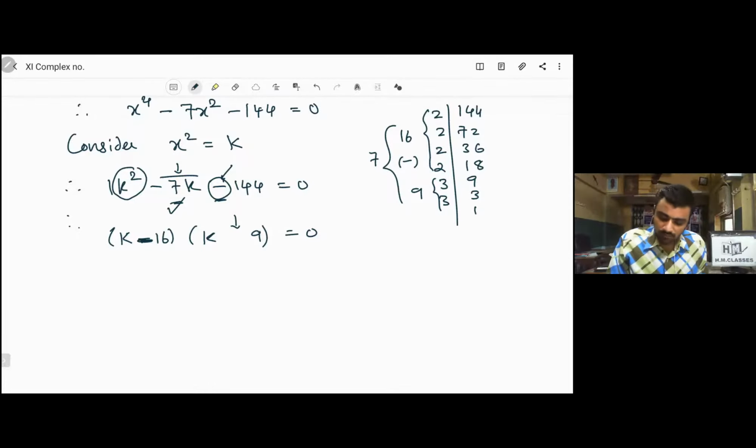You must keep plus so that you can get the final sign as minus.